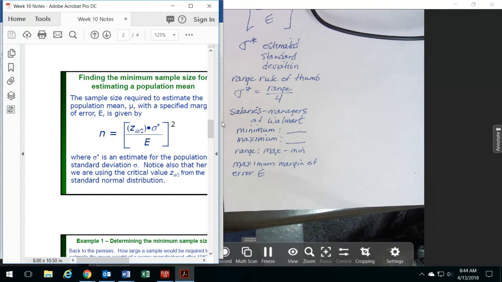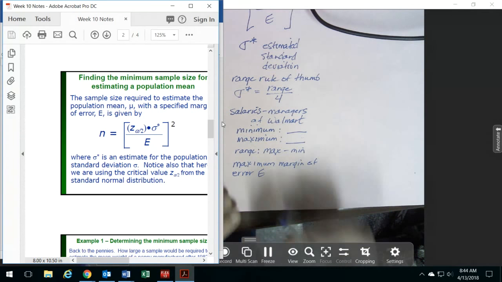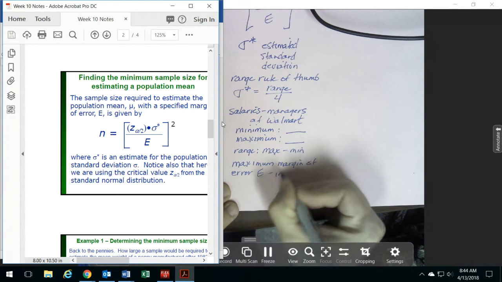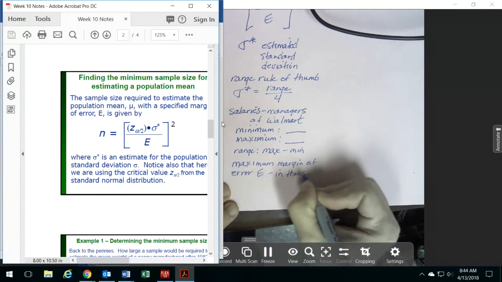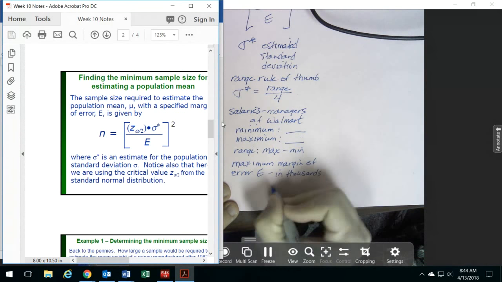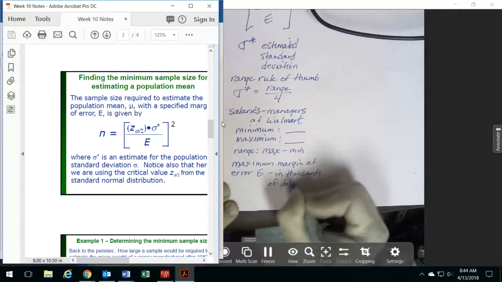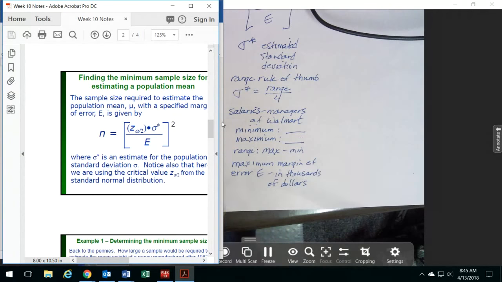So we want to think in terms of probably thousands of dollars. If we're going to try and estimate the average salary of a Walmart manager, we want to have a confidence interval that goes above and below our point estimate by however many $1,000 we think is reasonable. So this is going to be something in thousands of dollars. So think about that and think about what you would think was reasonable.